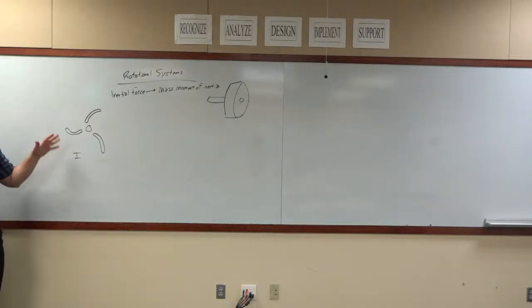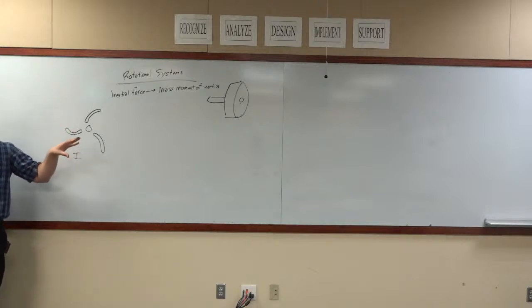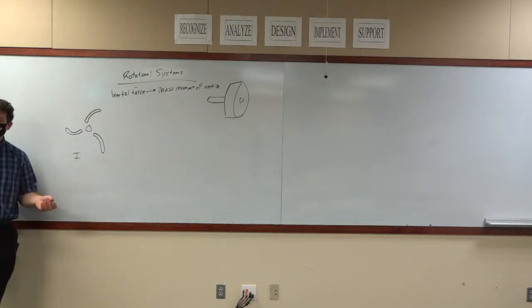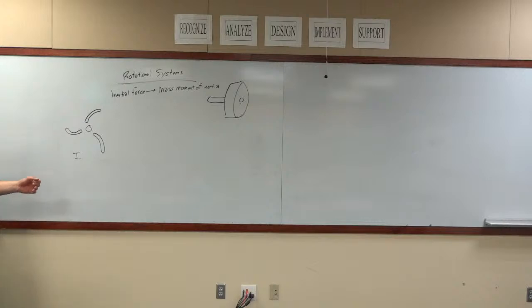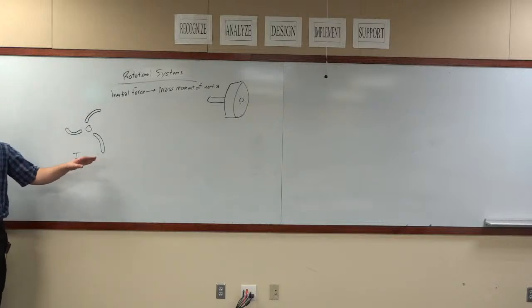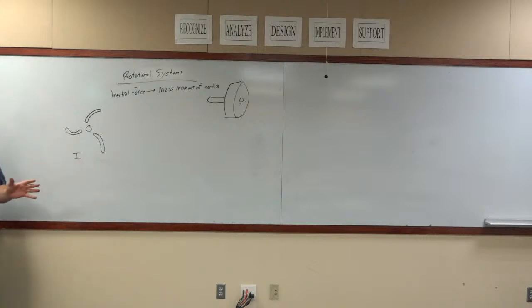You aren't changing the mass, but changing the geometry adjusts the mass moment of inertia, and it allows you to change the I value without having to lose anything. In a translational system, you can't do that. So it's an interesting way a rotational system can be easier.